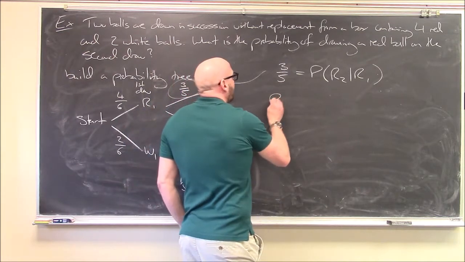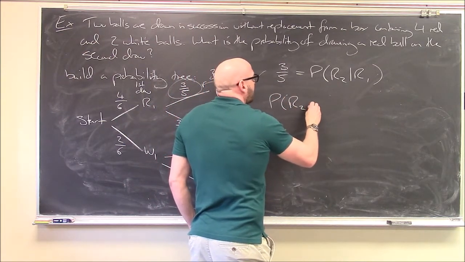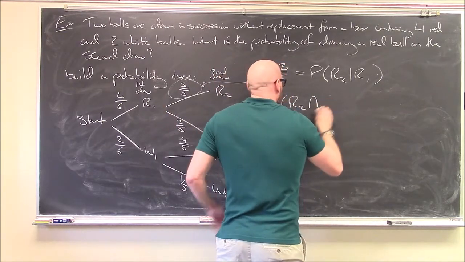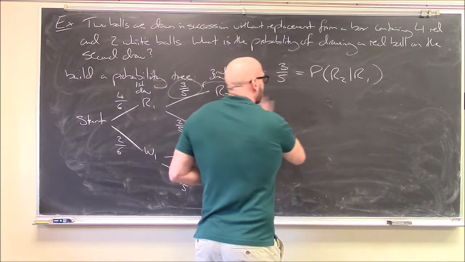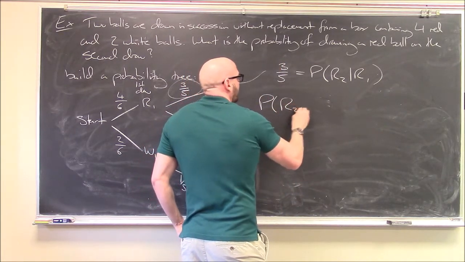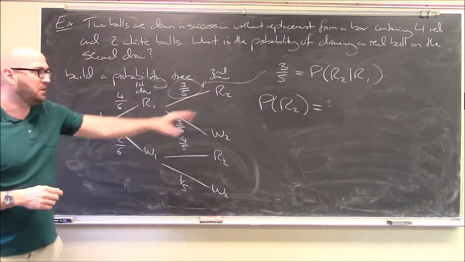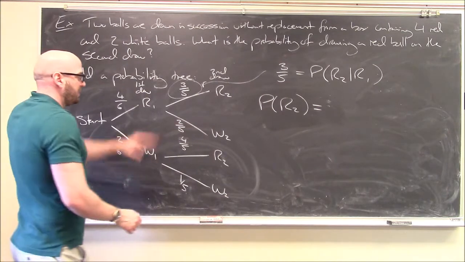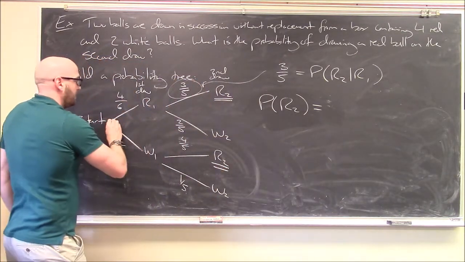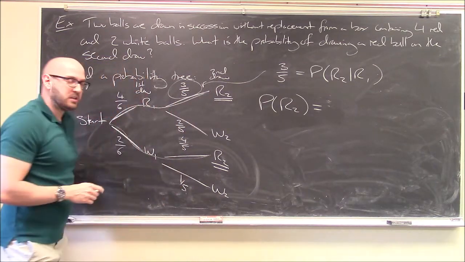Well, that would be the probability of drawing a red ball on the second draw, and let's write it like this. The probability of drawing a red ball, right? It's just the probability of drawing R2. What would that be? Well, there's 2 ways to get here, right? There's 2 ways to get to R2. I either progress down this branch or I progress down this branch.